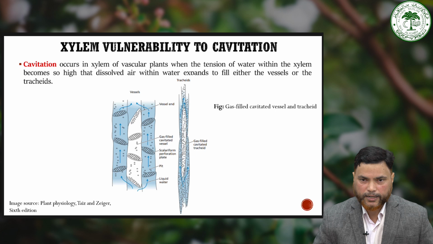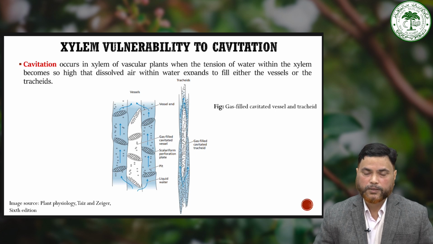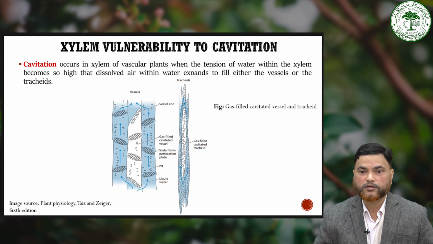And what is another strategy adopted by plants to address embolism? Generally, plants repair embolism by bypassing the embolized vessels and continuing the upward movement of water through the adjacent unembolized xylem vessels or tracheids.